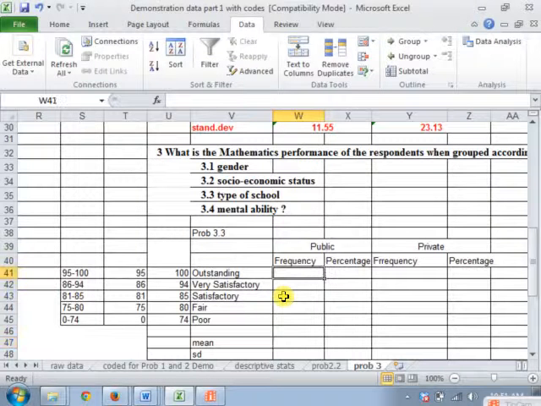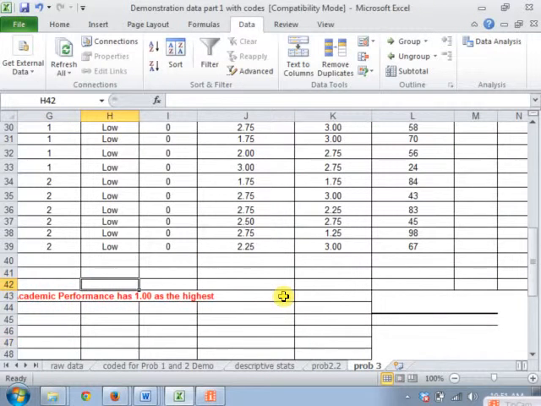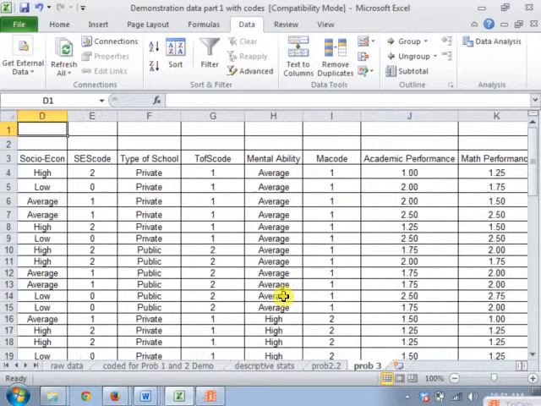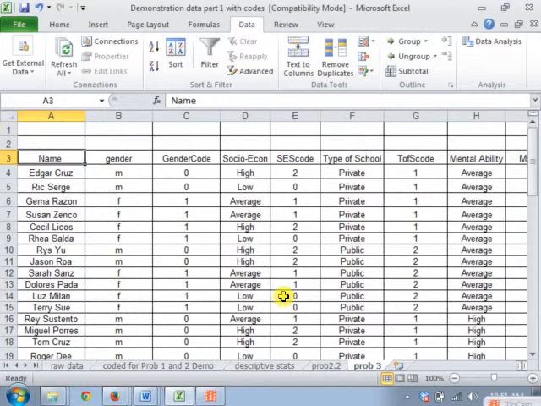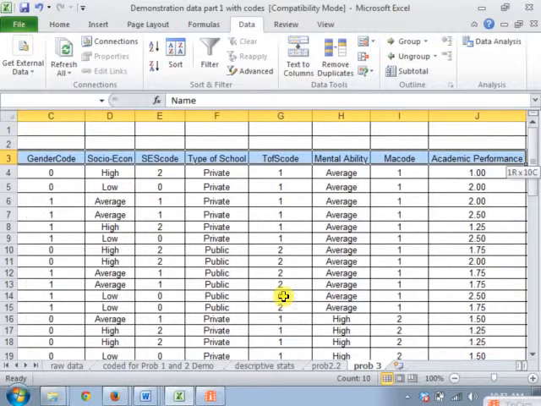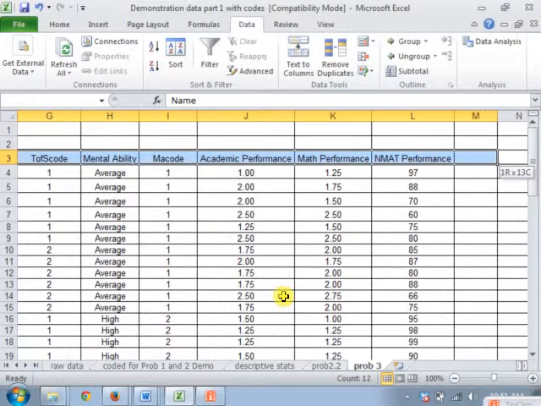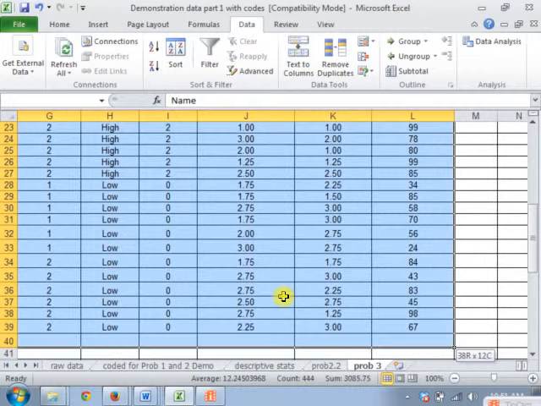So basically, what Jay said earlier, you just want to look at the public. We will group these students according to public or private, right? So the rest of the variables here may not be necessary, so you can delete them.